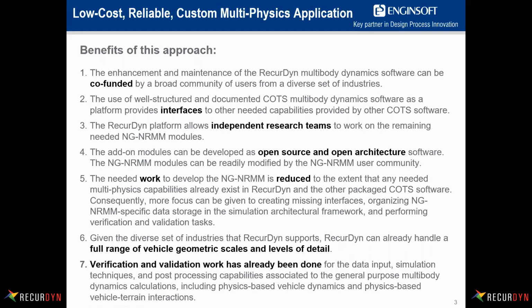If everything is done from scratch, then that small group has to fund everything, and that becomes difficult to sustain over time. In fact, that's one of the reasons why the NRMM software fell behind: how can there be enough money to keep up with everything that's happening in the mechanical computer-aided engineering area of software.